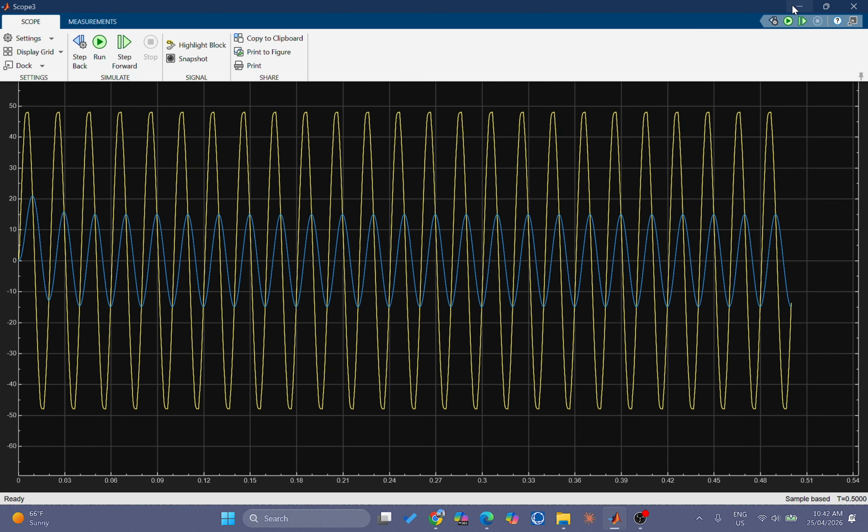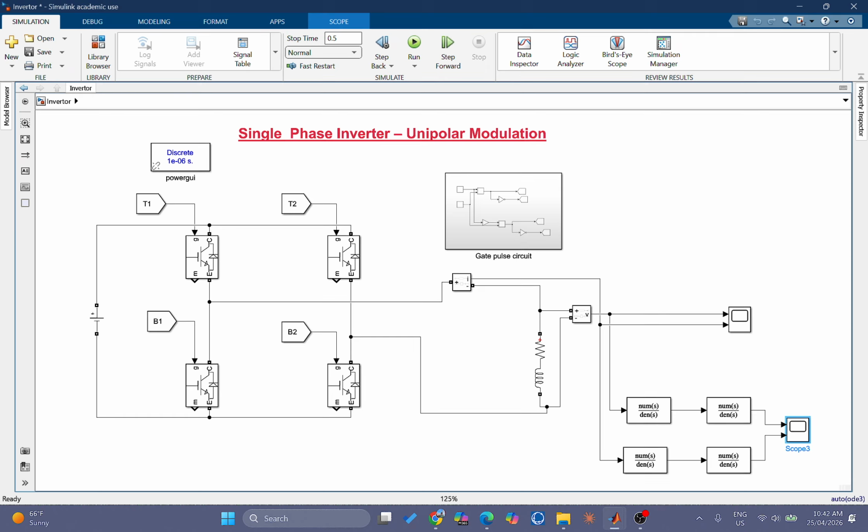Okay, now what we can say about this is, in engineering terms, inverter output depends on the modulation index. If we change the modulation index, you can get different voltage magnitudes.